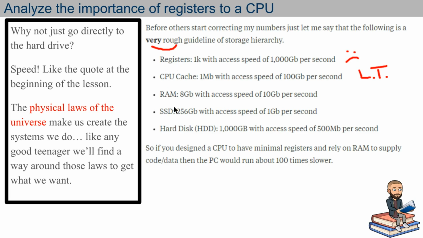No, I want something like a SSD or a hard disk to store my movie, and I don't need to keep pumping these things with electricity to keep those bits stable. RAM right here is a nice in-between for us, and so is this CPU cache. But even look at the magnitude of difference right here from a CPU cache. The cache can access speeds up to 100 gigabits a second, registers blow that out of the water with 1,000 gigabits.